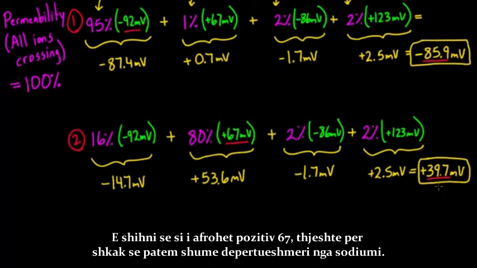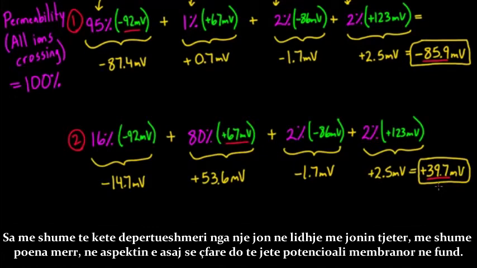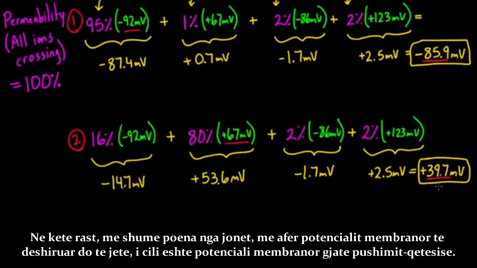So you can see how it's starting to approach positive 67 simply because we just had so much of the permeability coming from sodium. So in a way, the permeability becomes almost like a vote. The more permeable one of the ions is relative to the other ones, the more votes it gets in terms of what the final membrane potential is going to be. And in this case, the more an ion votes, the more the final membrane potential will be close to what it wants, which is its resting potential.